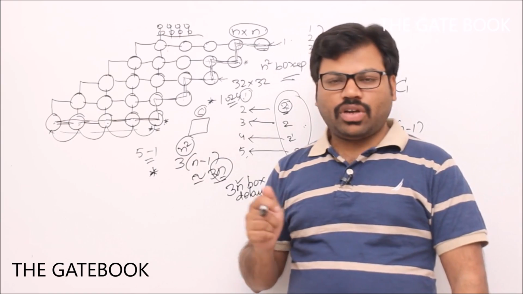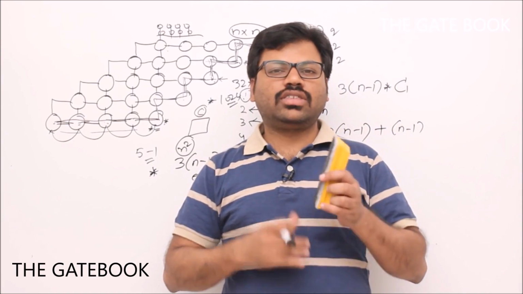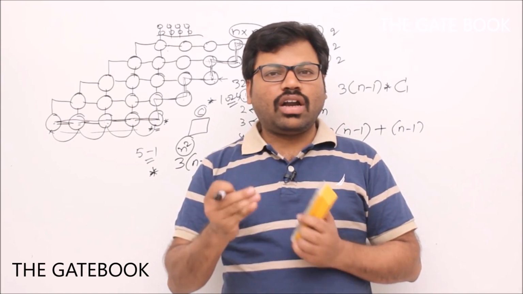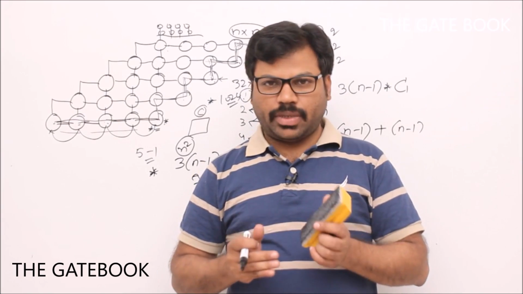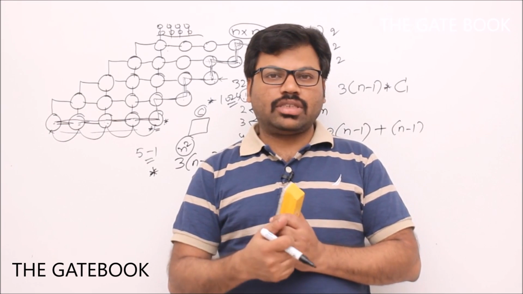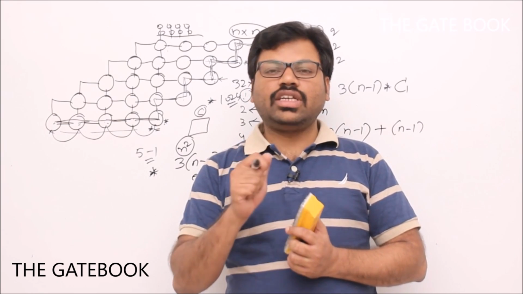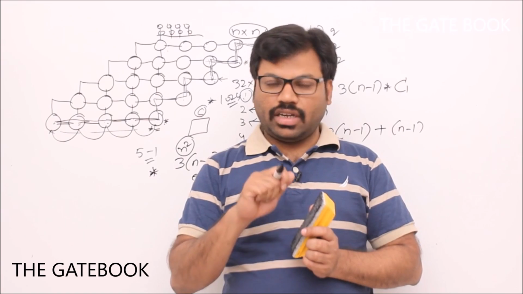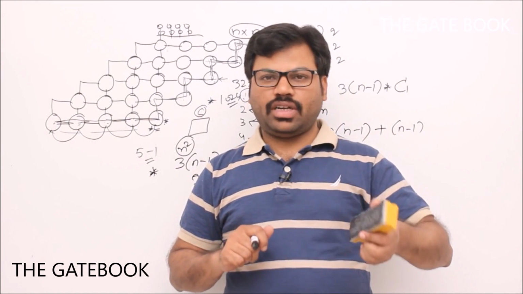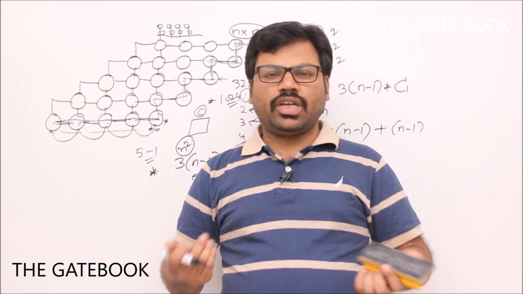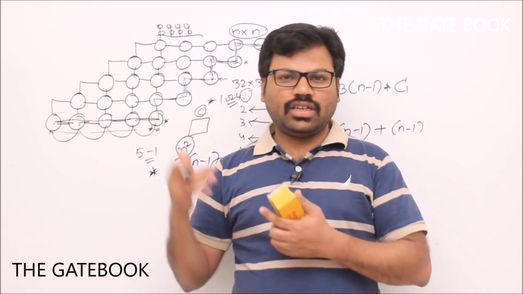Remember one thing in computer organization from now onwards: there will always be a trade-off. You can't achieve fastness without sacrificing your space most of the times. Remember this principle. Without wasting your space, you can't achieve speed in computer organization. Always there will be a trade-off between memory and speed. Memory here means circuits.